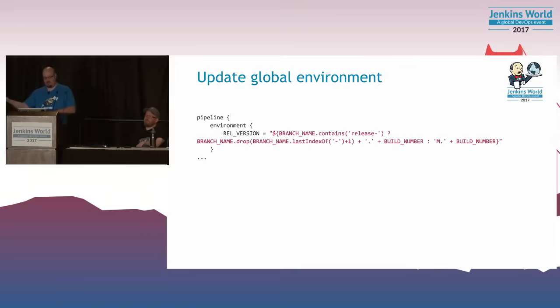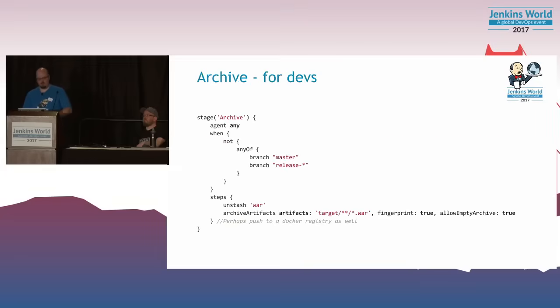If that contains release, we'll drop anything below the last dash, add a dot, and then add the build number. So we will have something like I showed you before. We had release-1, release-2. It will either be a 1.56 or a 2.56 or whatever. If we're not on that, since I know that we're either running on master or release, I know that we will be on master in that case. So I just make a pretend version. I'm calling that m dot something. So this will be available to all stages since we're putting it on top, so we don't need to do that calculation more times.